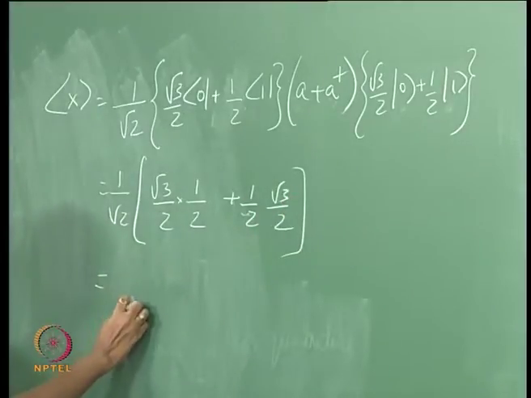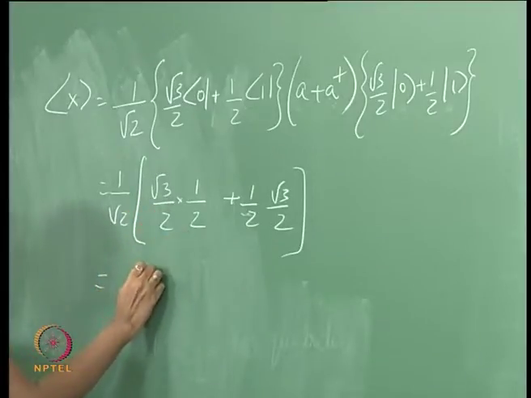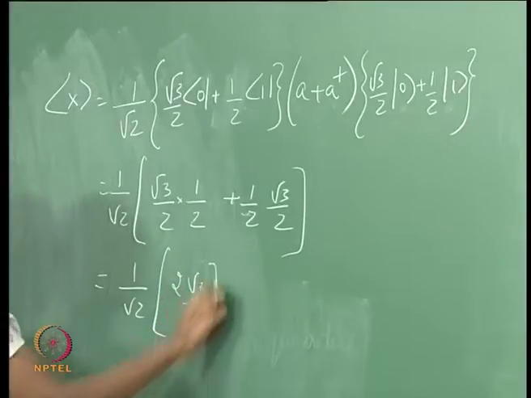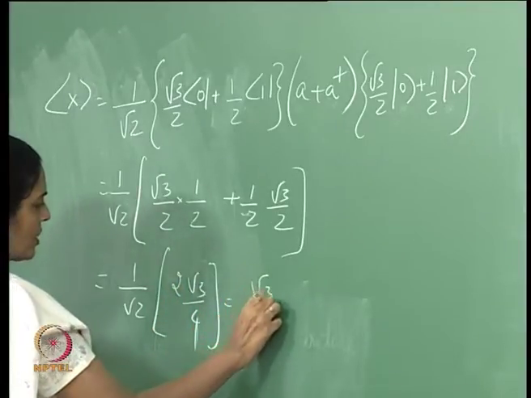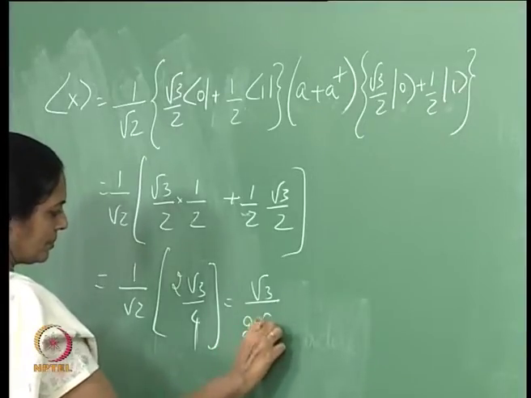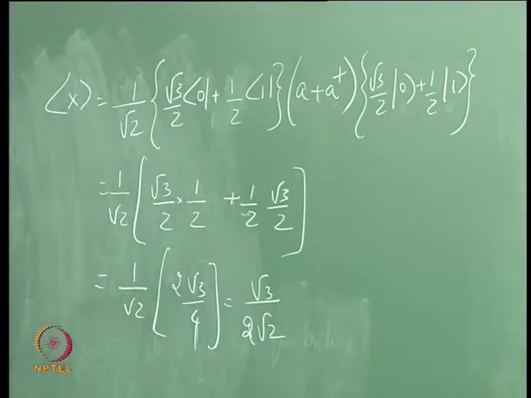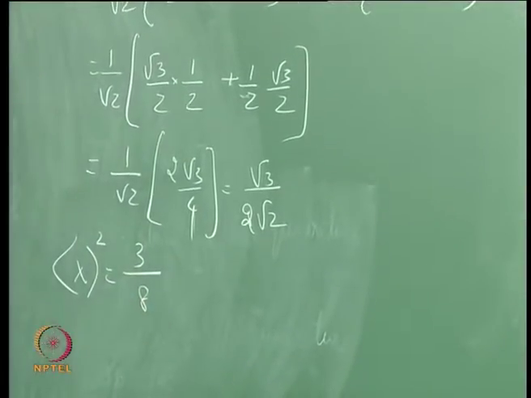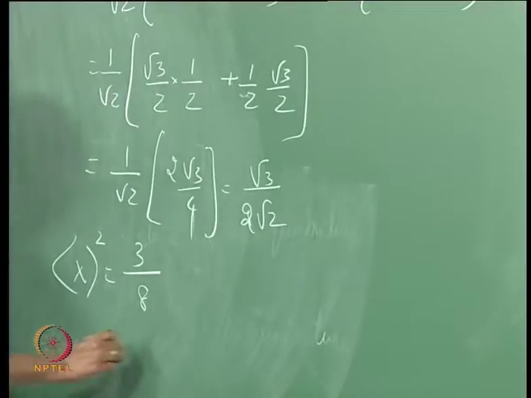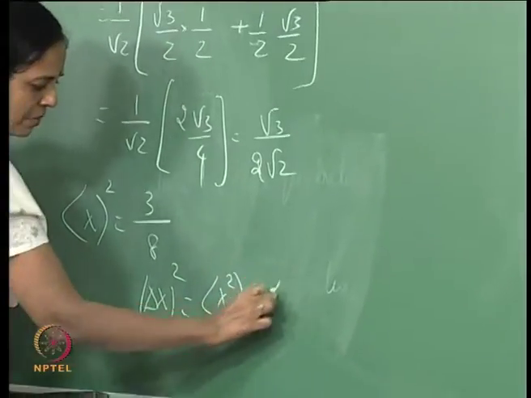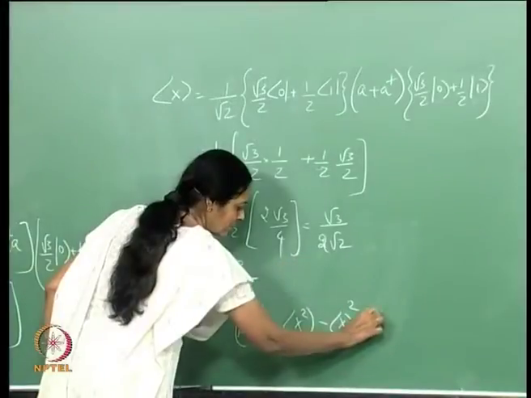So this object is twice root 3 by 4, and therefore that just gives me a root 3 2 root 2. I need expectation x the whole squared. That's a 3 by 8. And therefore delta x the whole squared is expectation x squared minus expectation x the whole squared, which is 3 by 8.